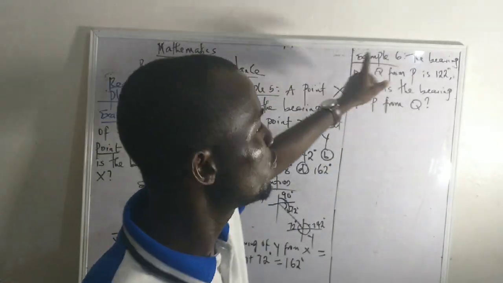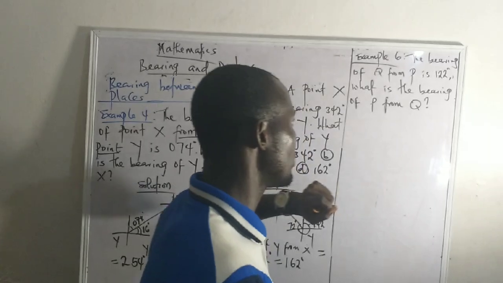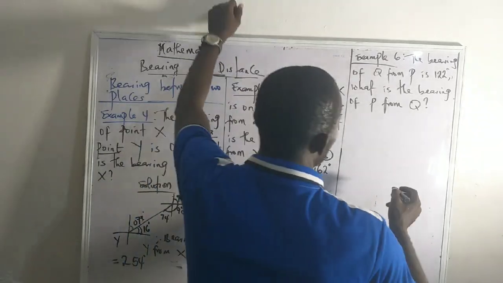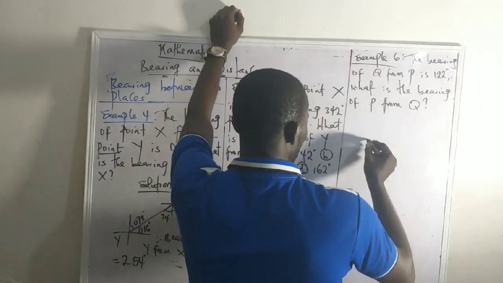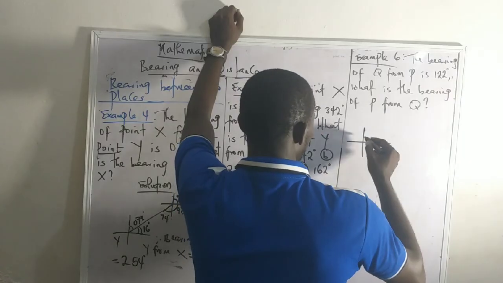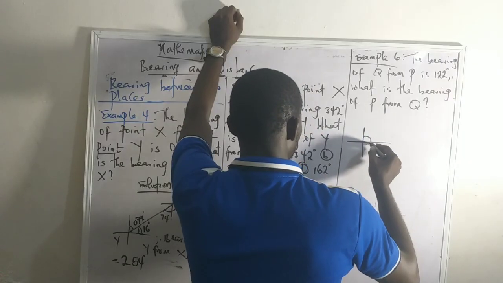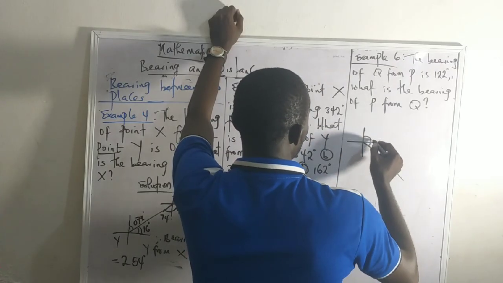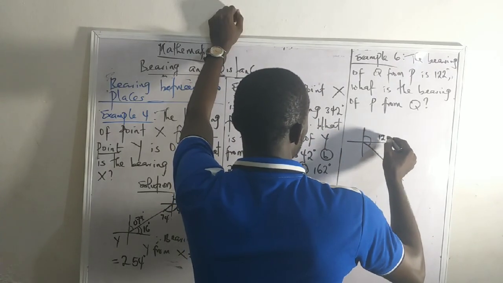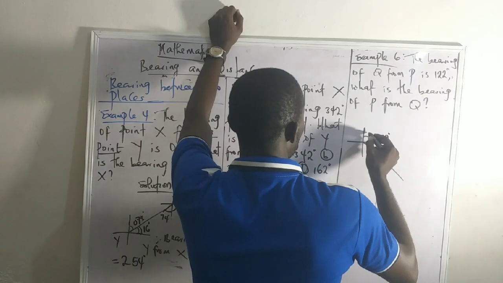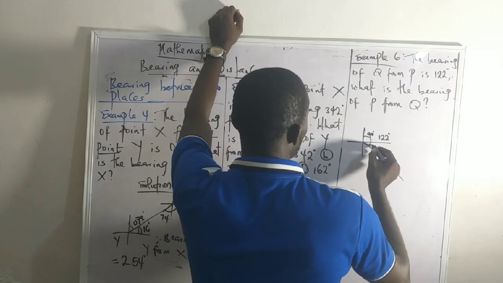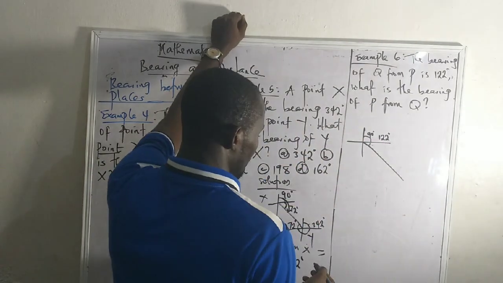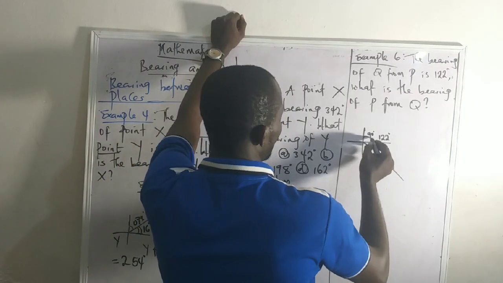The bearing of Q from P is 122. The bearing of Q from P, it is safe to do this one like this. This is 90. This will be like your 122 right here. So this is 122 degrees. If here is 90 degrees, all the way out to 122, what do we have to add to give 122?